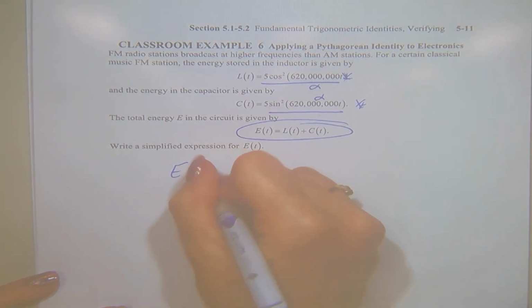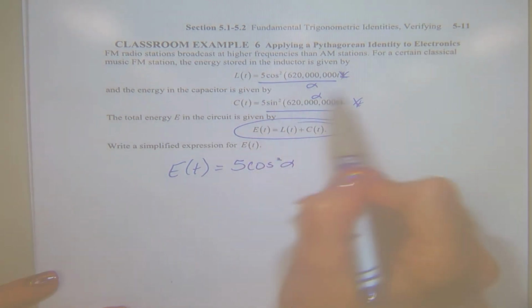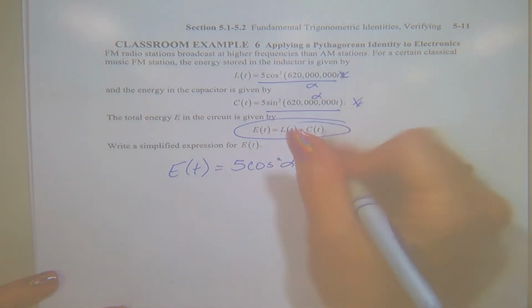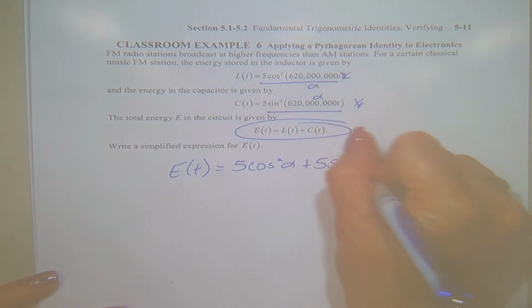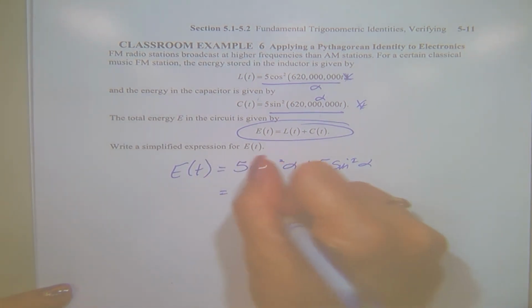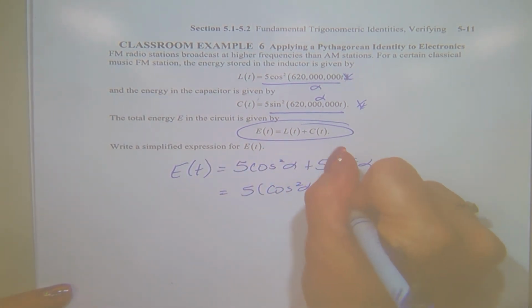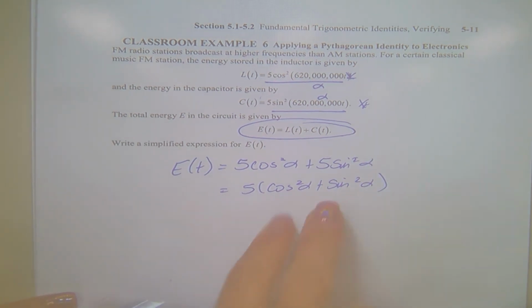So E of t is equal to 5 cosine square alpha, because that's this that I was given, L of t, plus C of t, which is 5 sine square alpha. And look at that, I've got a common factor of 5. I can factor out that common factor. And cosine square alpha plus sine square alpha is my Pythagorean identity. So the total energy in that circuit is 5.